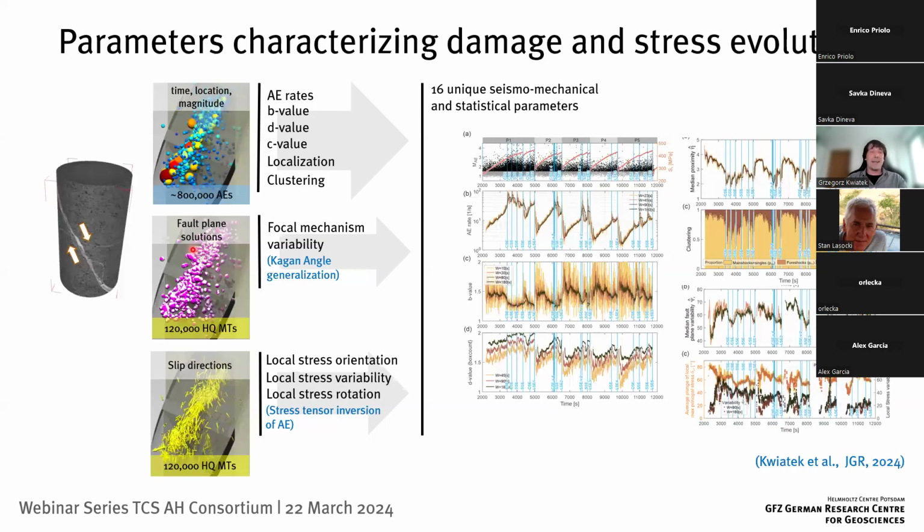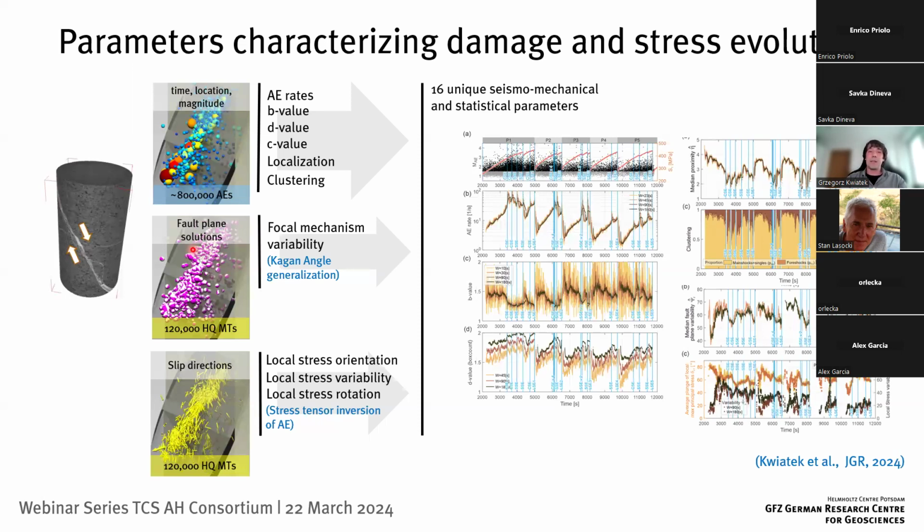Coming to the study itself, the preparatory processes before the large runaway earthquake were tracked with an ensemble of 16 unique seismomechanical and statistical parameters.